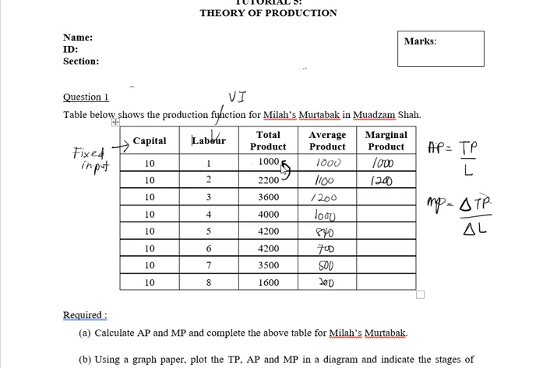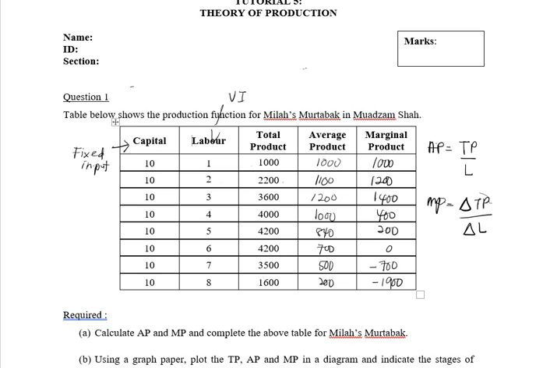Alright, now let's calculate the rest of the figures here. 1,400, and then 400, 200, 0, and then it becomes negative 700 and negative 1,900.